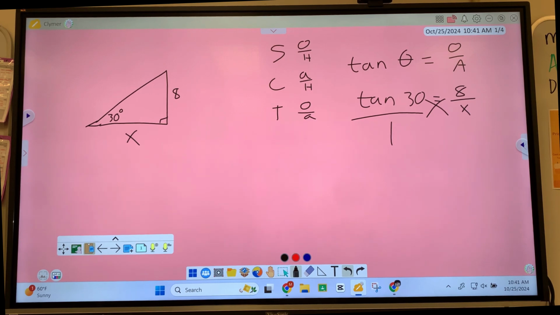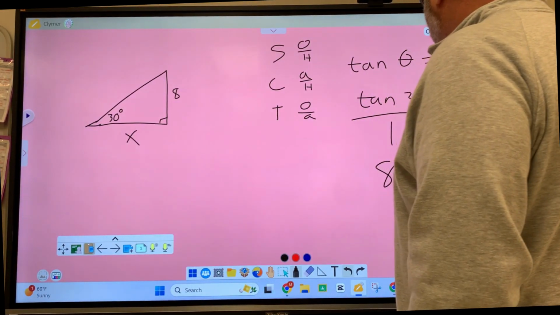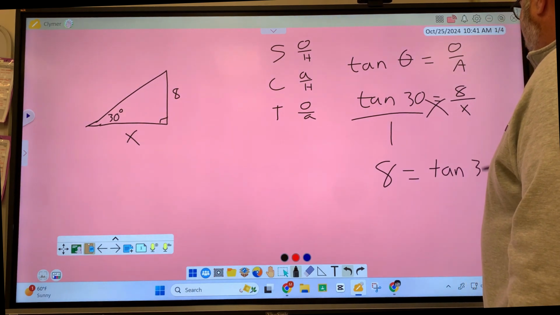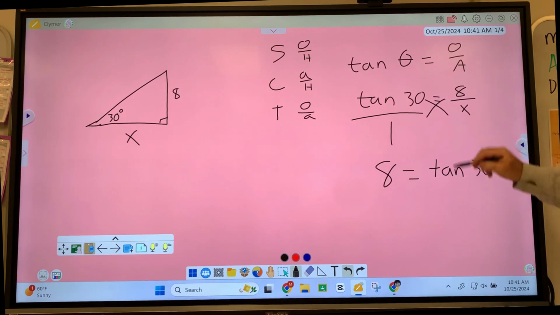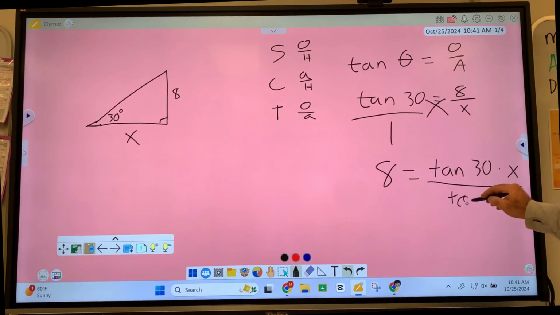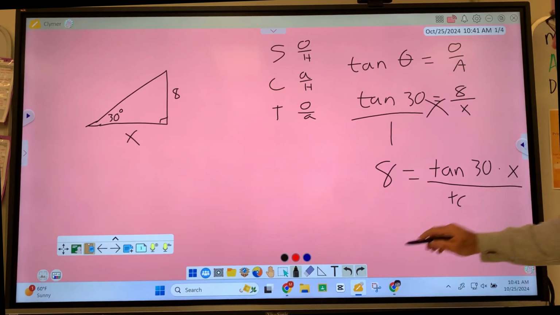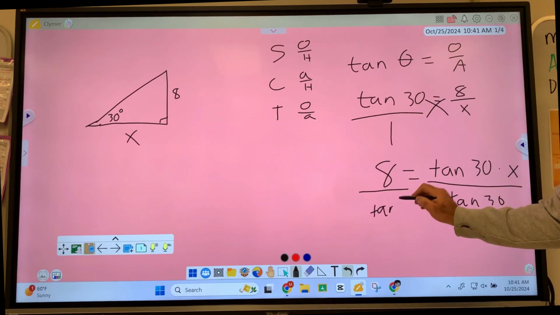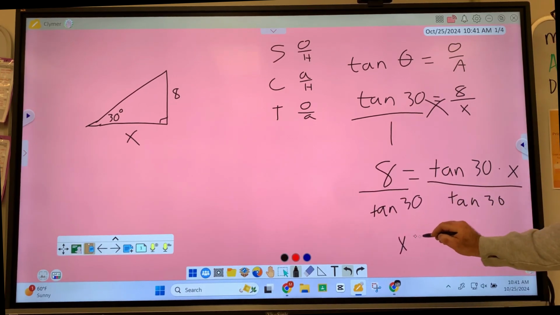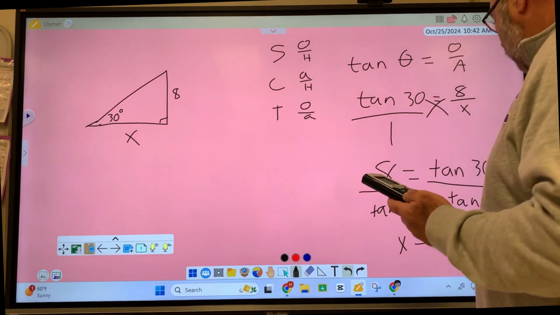Cross multiply and divide. 8 times 1 is 8. Tan 30 times x. Again, remember, this whole thing here represents a number, so let's just get rid of it. x equals, somebody do the math here, 8 divided by tan 30, 13 point, call it 9.